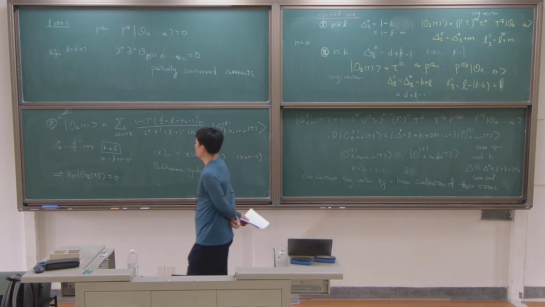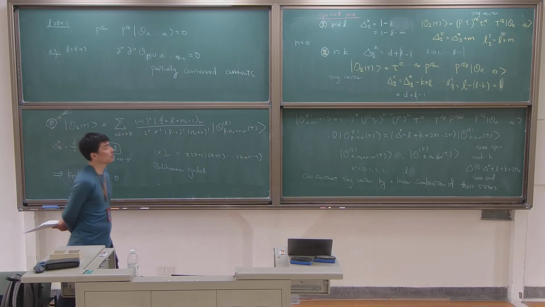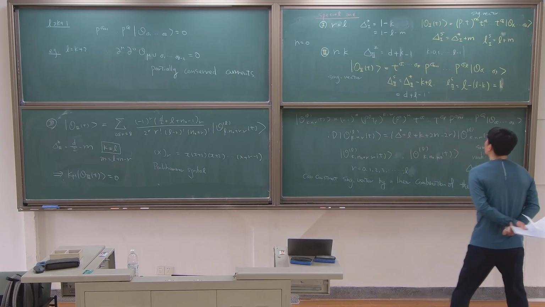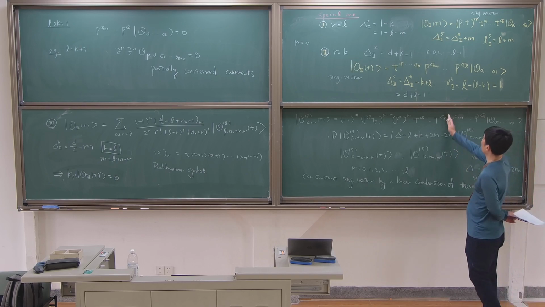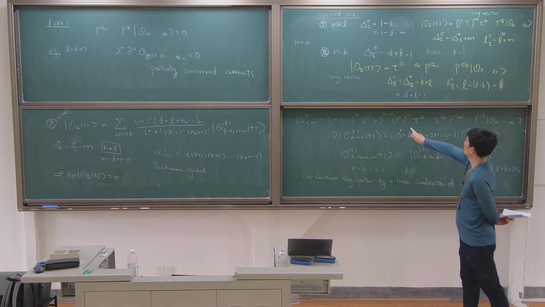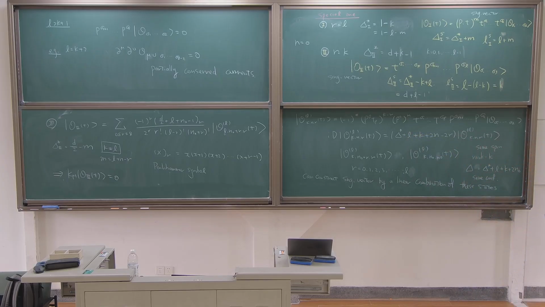And then L plus n minus r, L minus r is this part, plus n has to be equal to n.